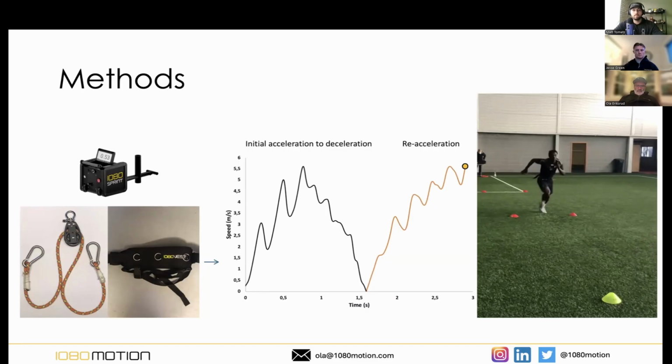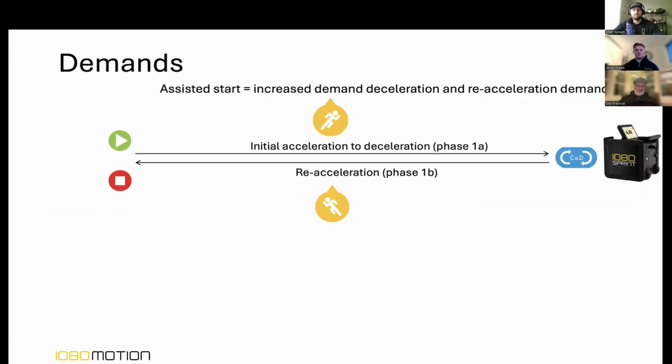That led us to start to think about how we start this, because obviously the tether is pulling me in a given direction. So we had to think about what kind of demands I am imposing on the athlete performing this particular task.